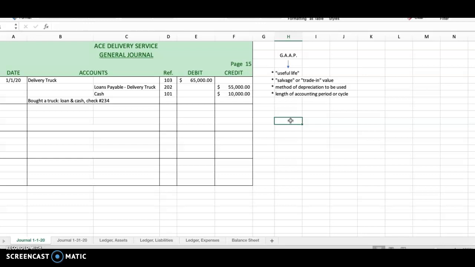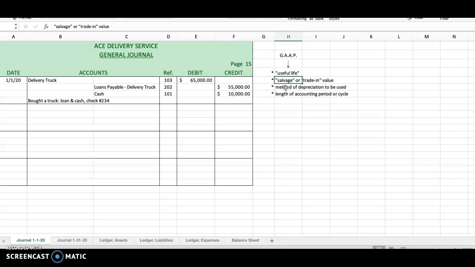There are other methods of making an educated guess, but we will assume for our purposes in this problem that the trade-in value at the end of 10 years will be $5,000. We hope it's worth something if we maintain it, change oil, and keep good care of that truck.